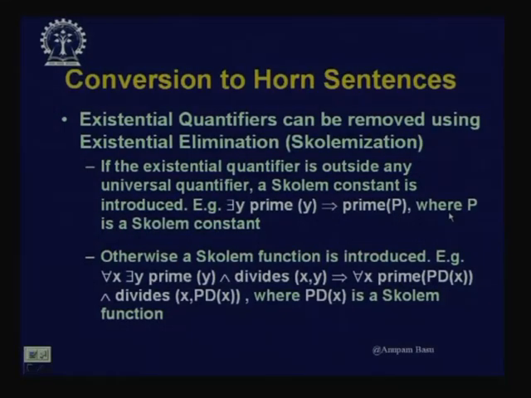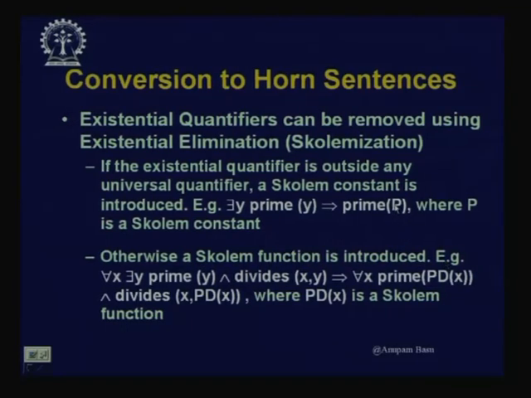Right. So, if I have something like this, there exists y, prime y implies prime p, there exists y, prime y. Now, y being existentially quantified, I can put a Skolem constant p in place of this. So, I get a Horn sentence. Otherwise, a Skolem function is introduced.